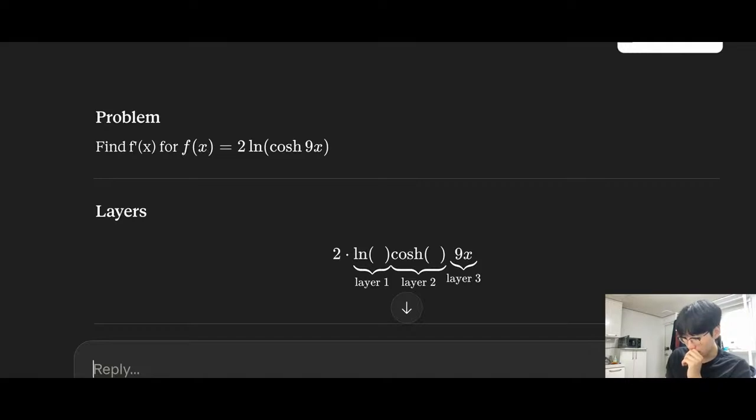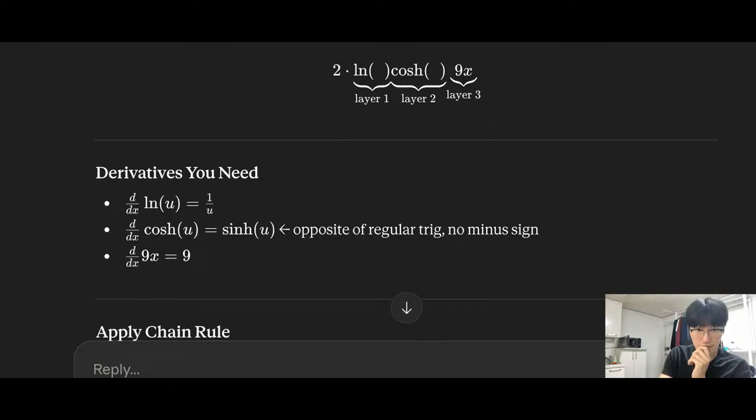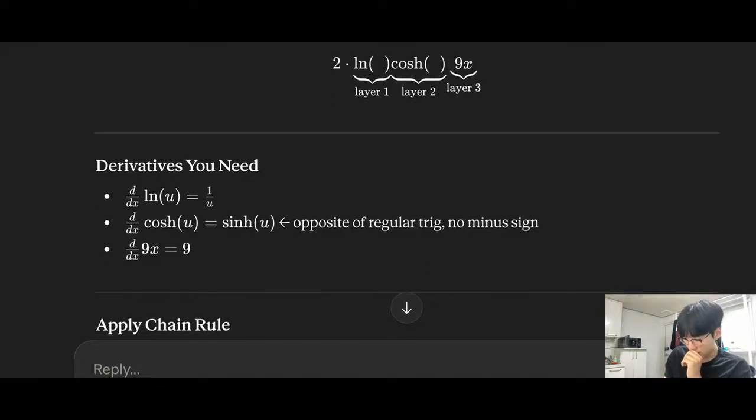Cosh is another layer. And 9x is the third layer. So for derivatives, you need the derivative of ln, which equals 1 over the number.